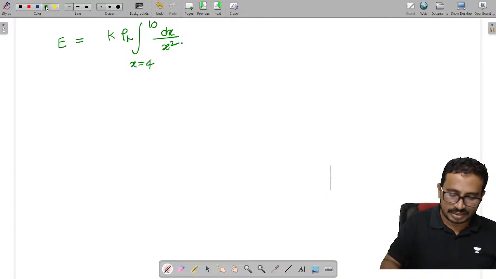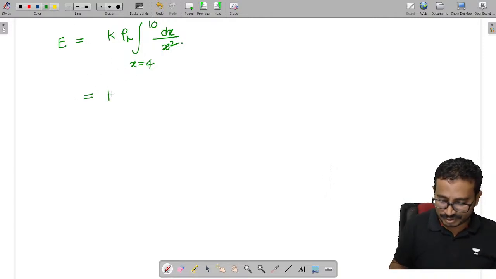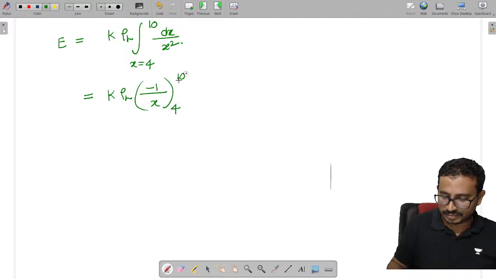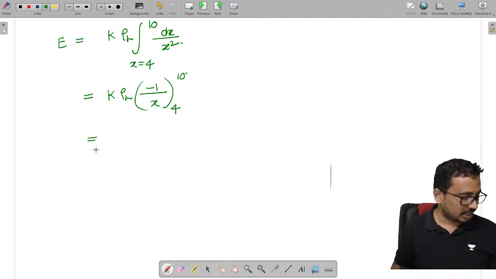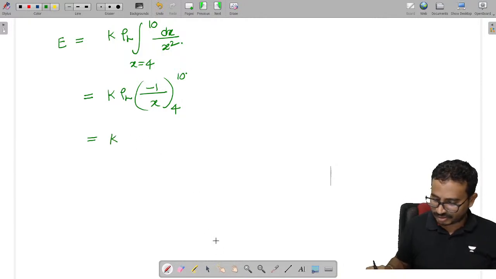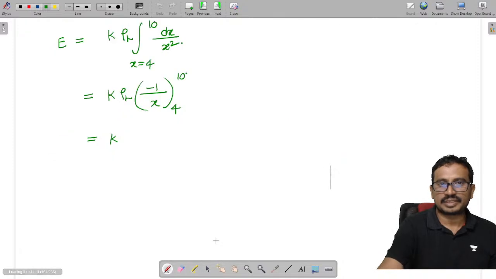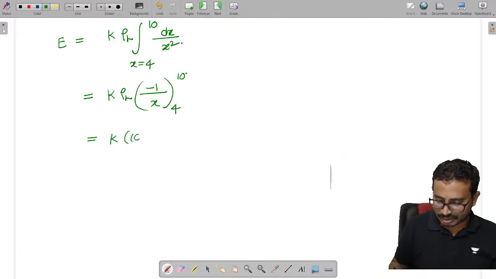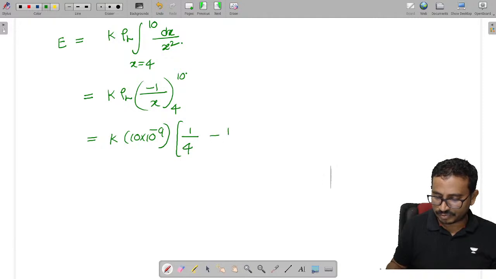Integrate and get the values, which is k into rho L times integration of minus 1 by x, limits 4 to 10. Substitute the values: rho L is 10 into 10 power minus 9, times 1 by 4 minus 1 by 10.